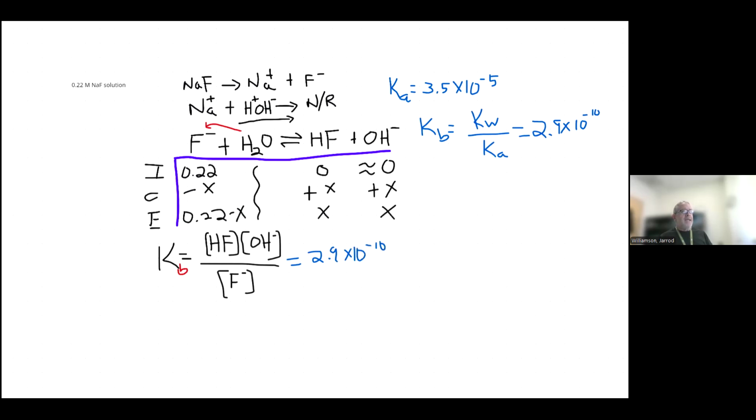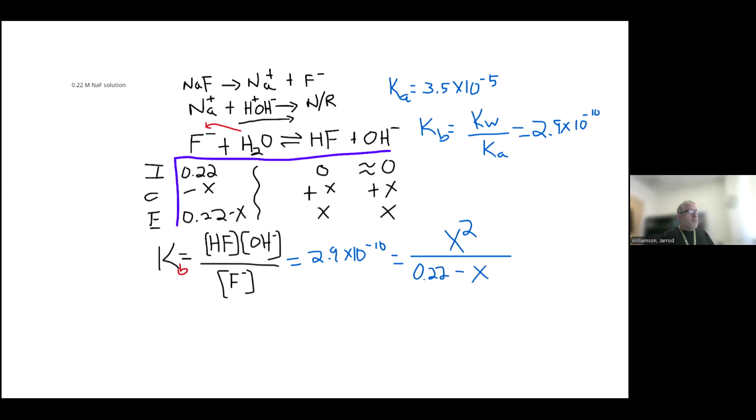And when I plug that in, I'm going to get x squared over 0.22 minus x. When I check, the x is small approximation works.